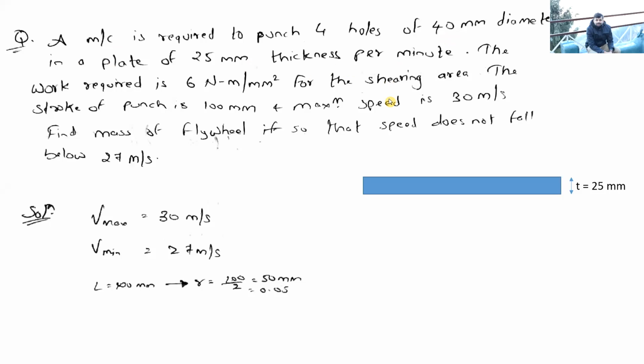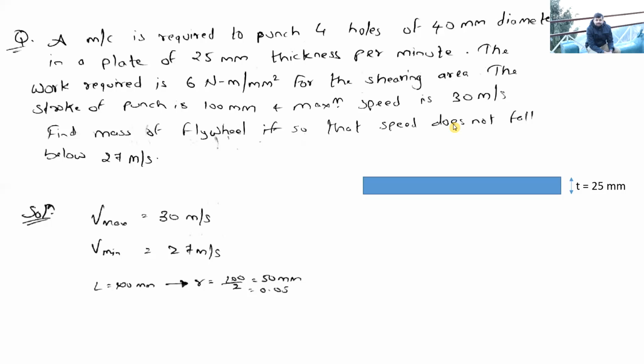And the work required is 6 Newton per millimeter square. So look at its unit carefully. The work required, that is the value of E1, the energy required, is given in Newton meter per millimeter square. So keep this in mind, how the unit is given.